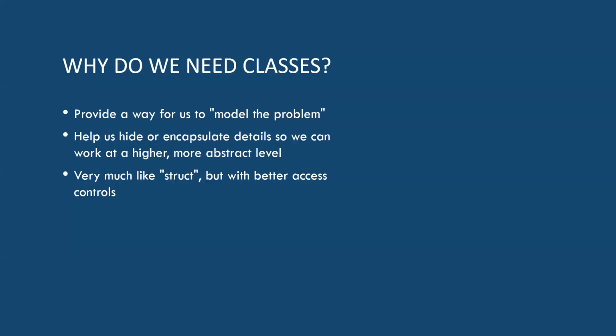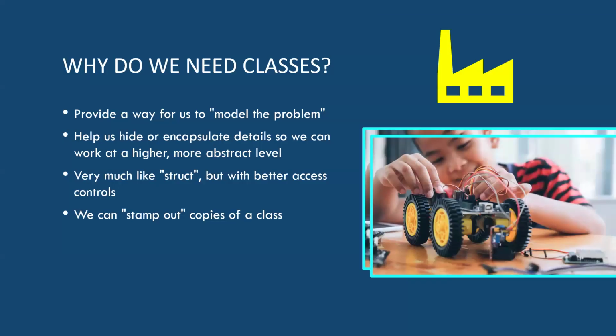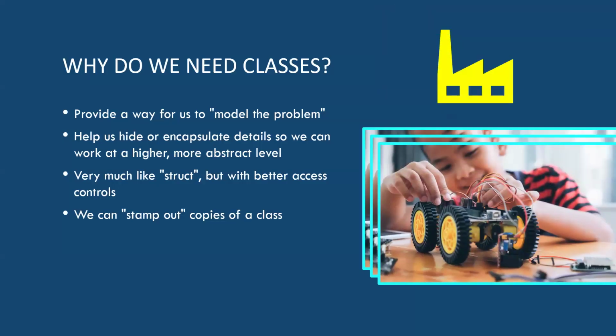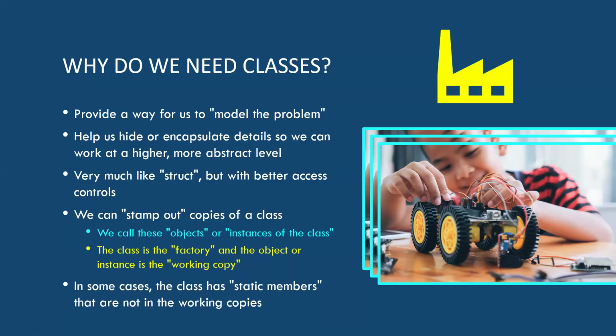And those things are exactly like structs, but we'll see today that a struct just has different kinds of access and privacy controls than a class. So we could be using structs this whole time, but we're going to use classes because that's basically what we want to do. So our class is like a factory, of course, and we're just cranking out copies of stuff from our factory. But as we will see in this class, there are variables in our class that describe the instance, and then there are variables that describe what's going on at the factory.